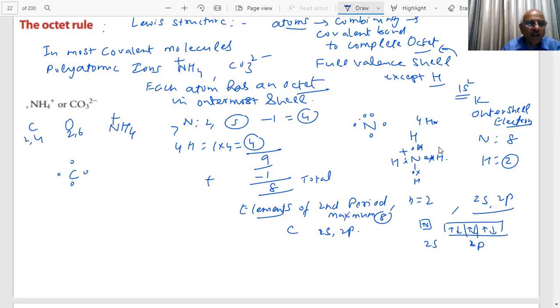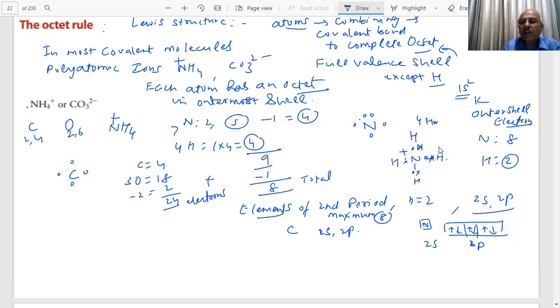In this case, there are two electrons gained, as 2 minus means there are two more electrons. So carbon 4 and you have three oxygens. Three oxygens means 6 into 3, 18, and 2 minus, two more electrons. Total 24 electrons are there, and they have to be distributed among these four atoms.